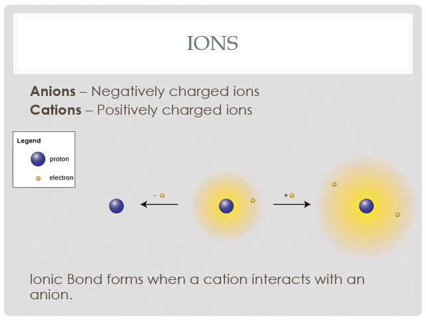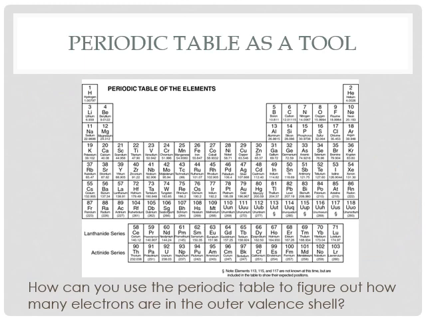Cations, they have the word cat in there, so I guess if you like cats, that's a positive thing, and if you don't like cats, running over cats is a positive thing. However you want to remember it, just remember it. But ionic bonds form when cations interact with anions. Yet again, the periodic table.